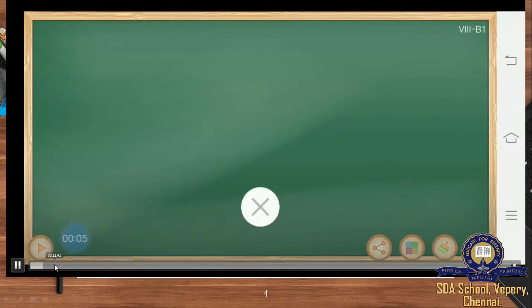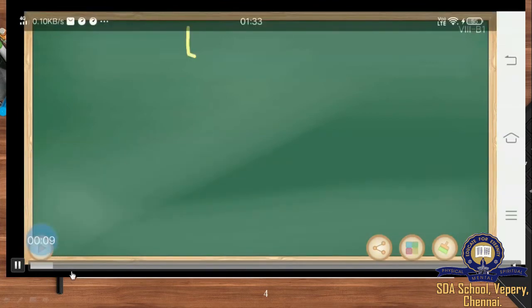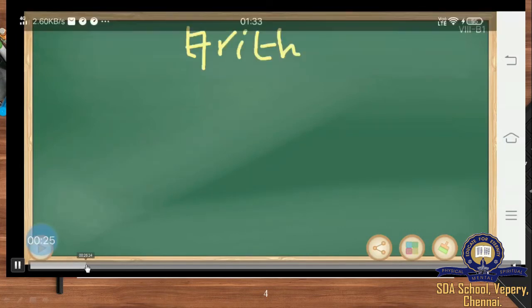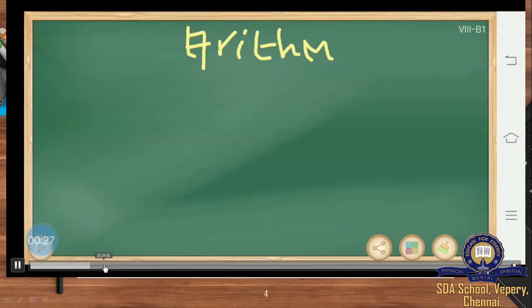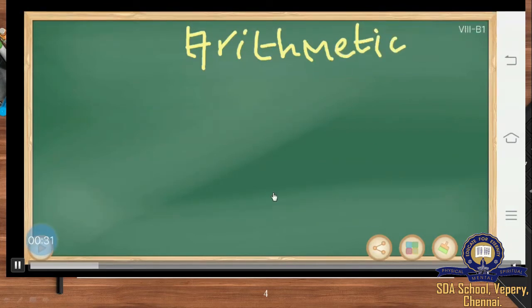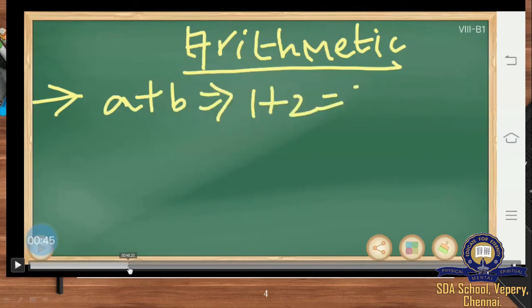First, we saw the arithmetic operators. Last class we covered the arithmetic operators, which include addition: a plus b, where I'm assigning the values, 1 plus 2 is equal to 3.